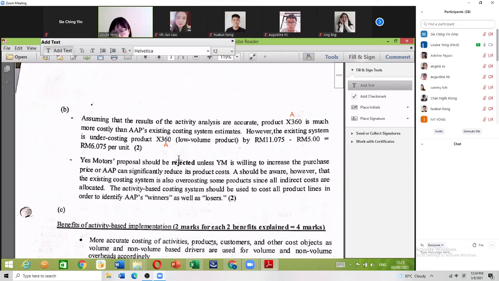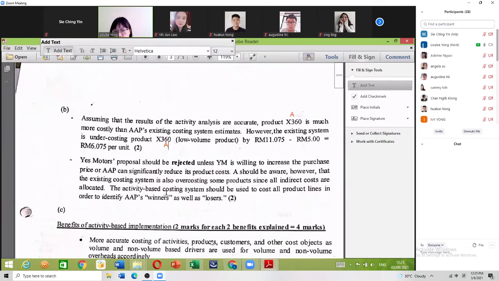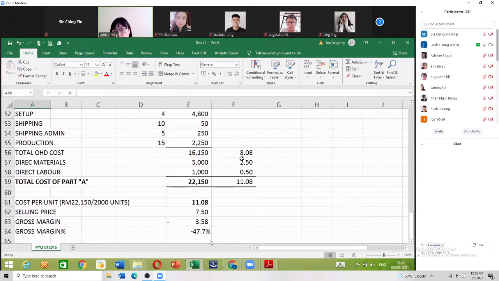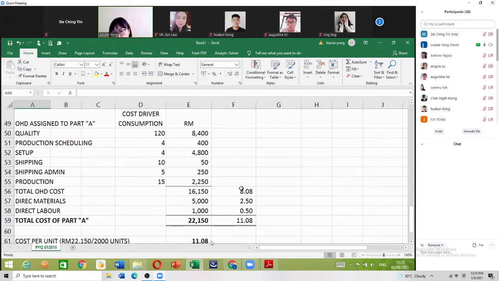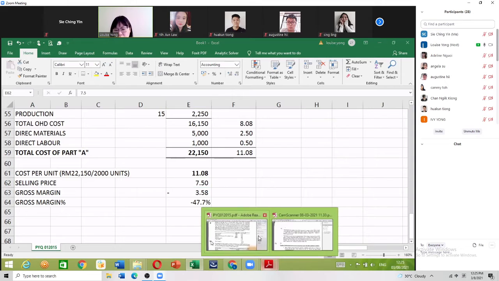So you need to reject, unless the company is willing to increase the purchase price to more than $11.08. Otherwise, you need to reject this proposal because it is not worth it, since your overhead is actually very high. Unless you increase your purchase price, or find a way to reduce your production cost and cost per unit to below $7.50. Why is your overhead cost so high, $8? So you need to analyze it and find ways to reduce it, or raise your price. Otherwise, with a cost of $11, if you sell at $7.50, then you lose money. So this is the suggested answer.